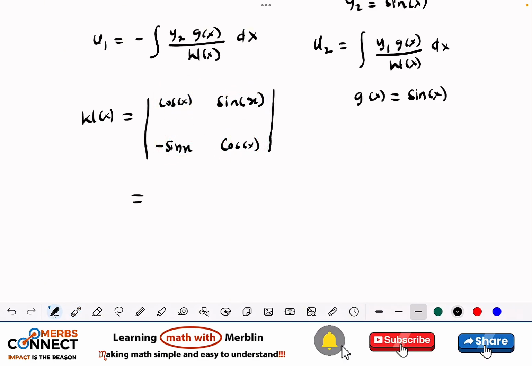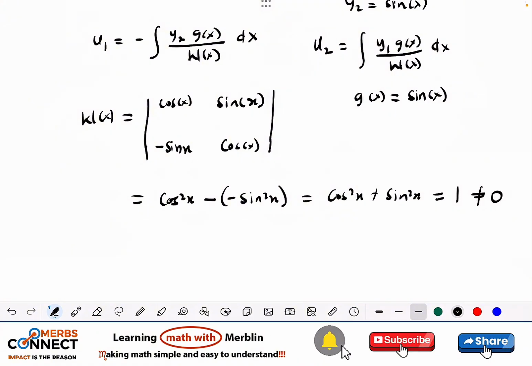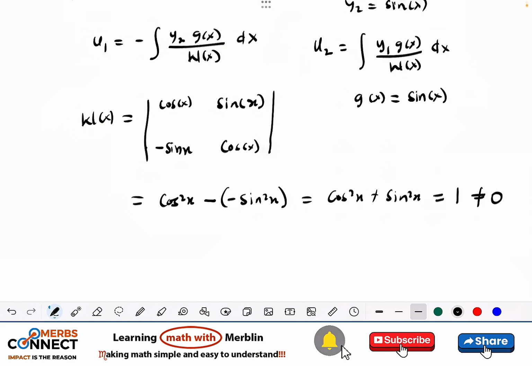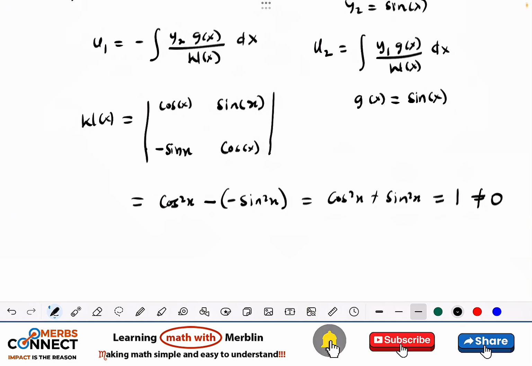That's the Wronskian. So for the determinant, this multiplied by this and this multiplied by that. Cos times cos is cos squared x, minus minus sine times sine is plus sine squared x, so this is cos squared x plus sine squared x, and we know this is an identity equal to 1. Then the Wronskian is never 0. One thing you need to know is that the Wronskian cannot be 0.